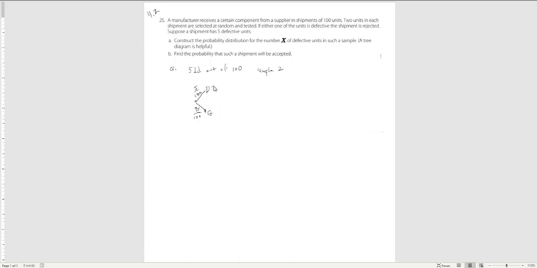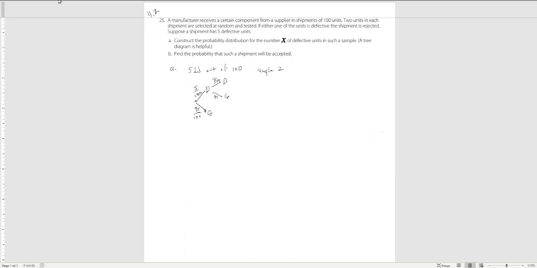If the first one was defective, then the probability of the second one defective is, so we're down to 4, because one was already defective, and that's out of 99. And the probability that it is good is, let's see, 94, oh 95, let me back that one up there because that's not 95.